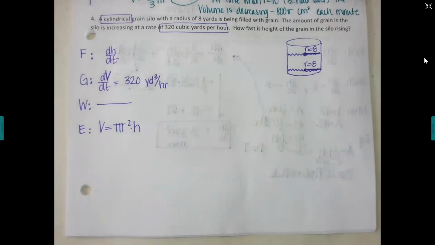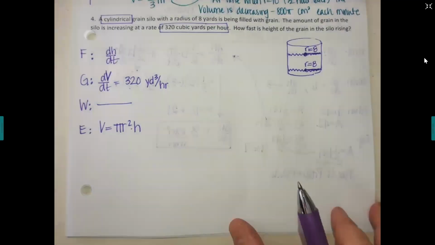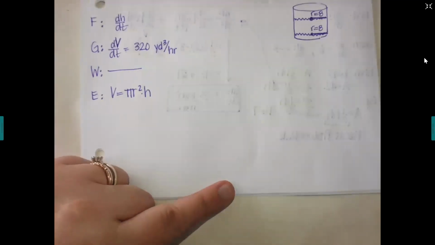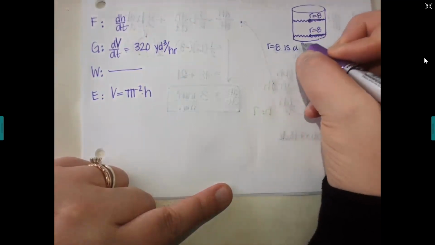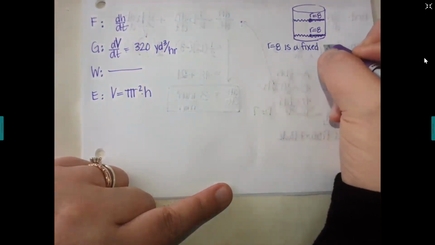So in this case, 8 is a fixed constant. It's not actually a variable because it's not actually changing. No matter if the grain silo is full, no matter if it's empty, because that's the container, your radius is 8 no matter what. So I want you to put a little note down here that r equals 8 is a fixed constant.